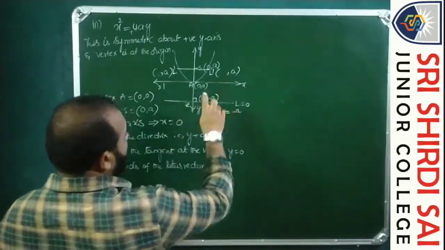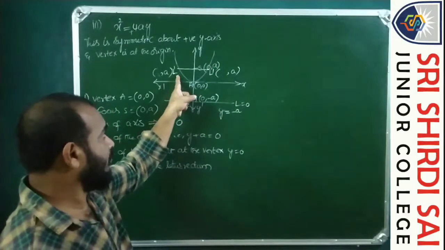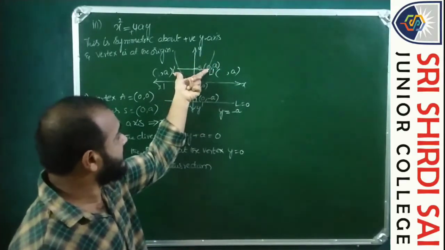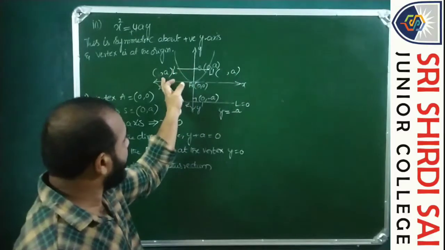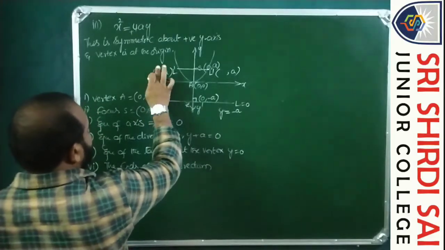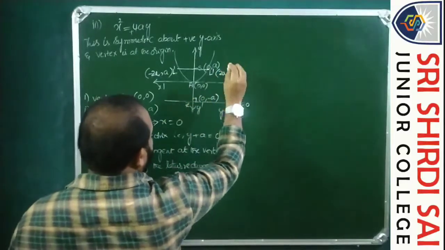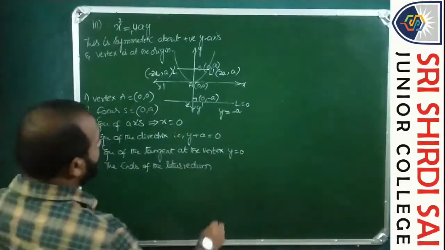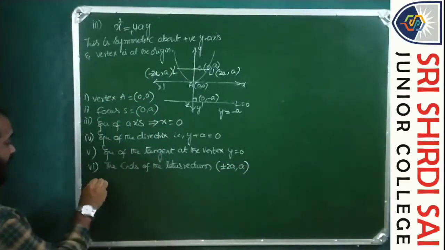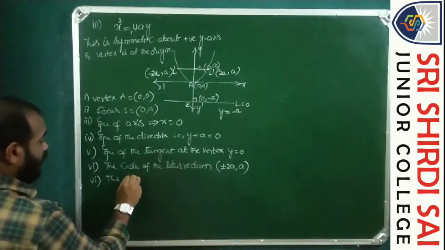This is lying in the first quadrant and second quadrant, because the parabola is symmetric about the y-axis. So first and second quadrants, plus plus, minus plus. So this is minus 2a and this is plus 2a. So the ends of the latus rectum are plus or minus 2a comma a. And the next one is the length of the latus rectum.